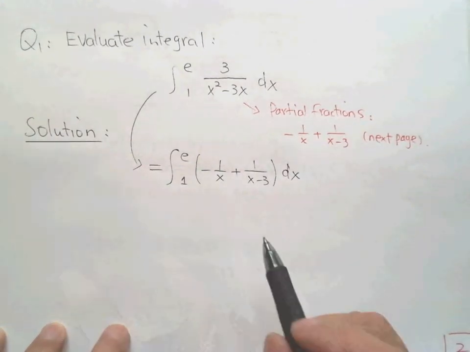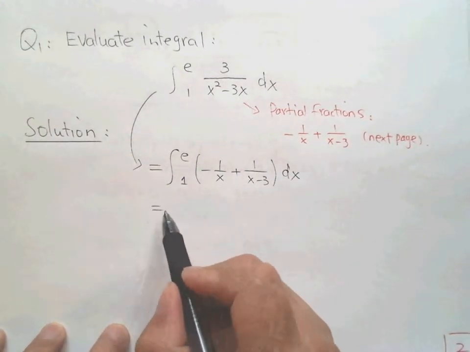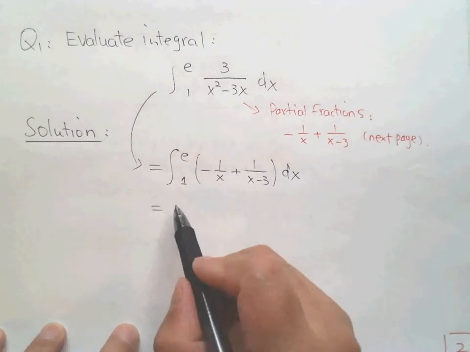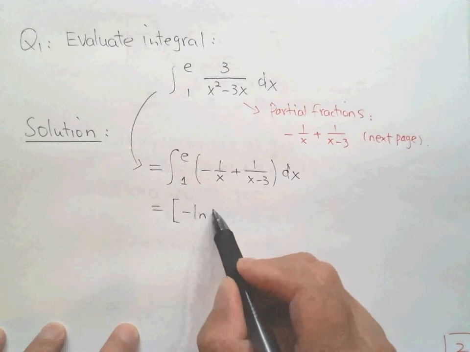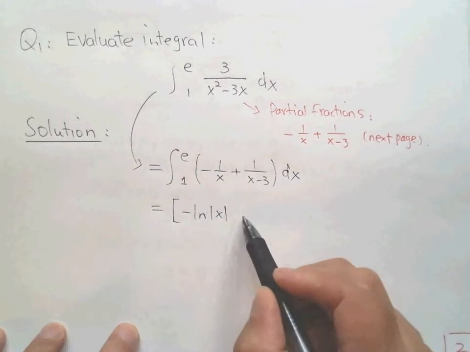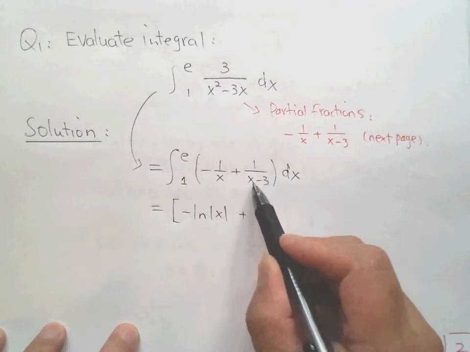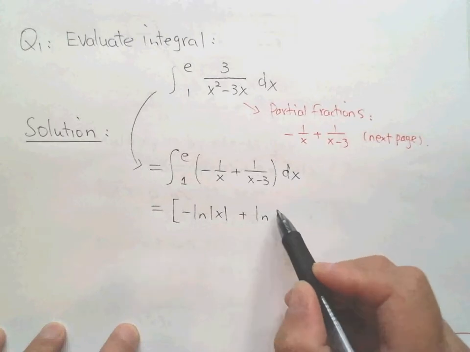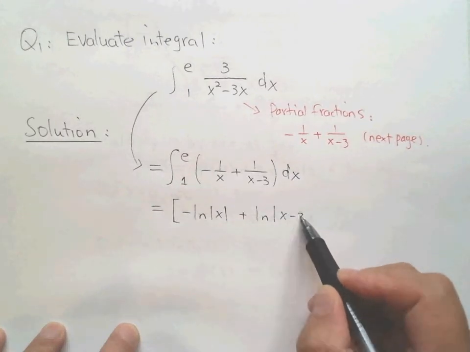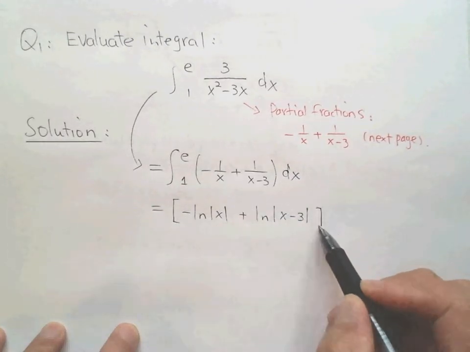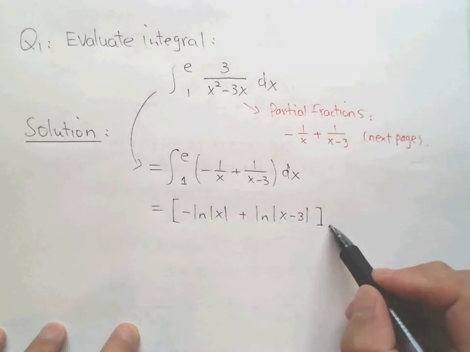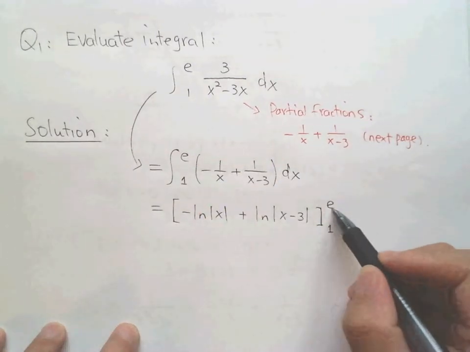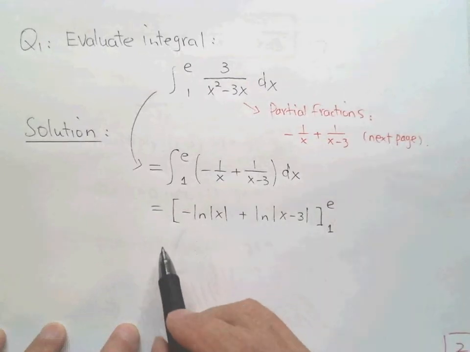Now we definitely know the antiderivative for each one. The first is negative ln absolute value of x. The second is ln absolute value of x minus 3. This is the antiderivative, and we use the Fundamental Theorem from 1 to e. See what we get.